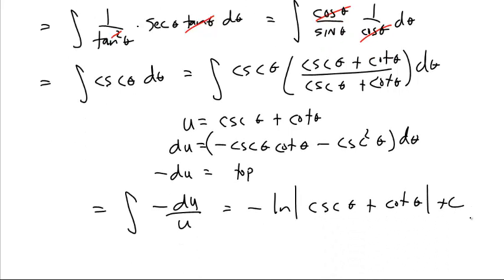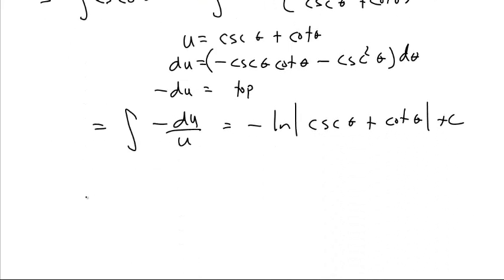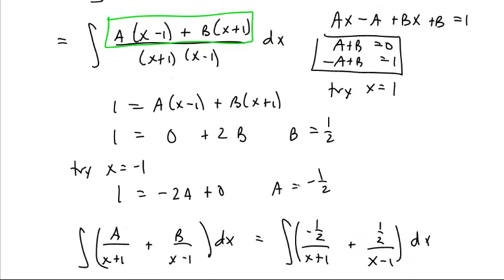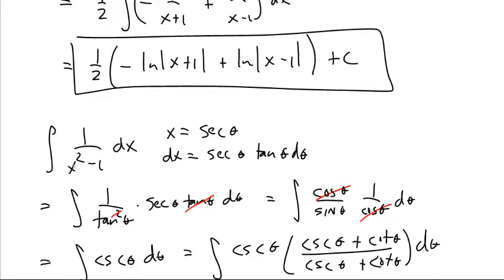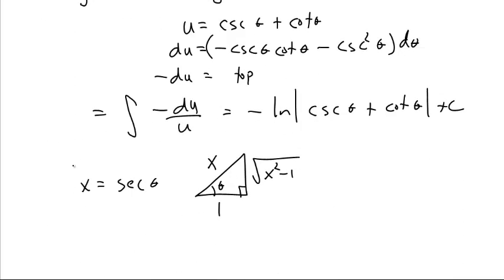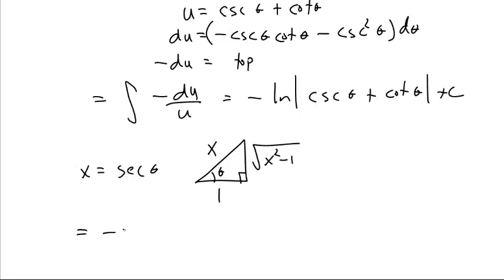And what do we have? X is the secant of theta, so there's some angle theta here, and secant is hypotenuse over adjacent, so this must be the square root of x squared minus 1. Hey! That's the thing that we had originally, although it's a square root, but so what? So we've got equals negative the natural log of cosecant is 1 over sine.